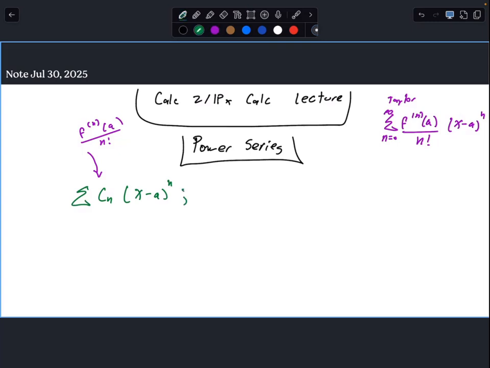Talking about these power series, we'll expand on the name of the power series. But the question we have is, for what values of x does the power series converge? And that's going to be the first question that we are going to answer.